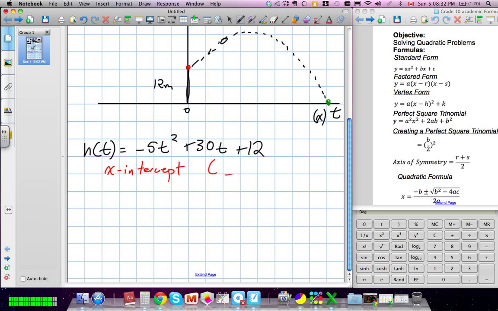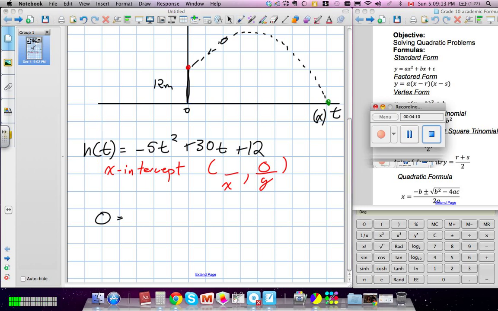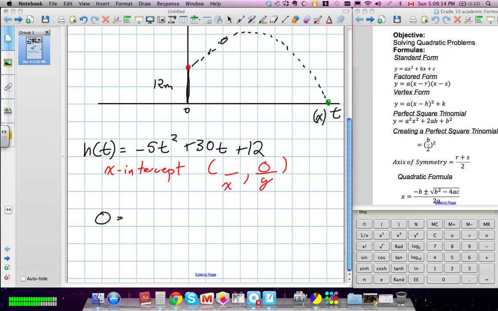We know for a fact that an x-intercept is when y is 0. So with that information, our y, which is technically h at t here, we're going to replace with 0. So our new equation reads 0 is equal to negative 5t squared plus 30t plus 12.